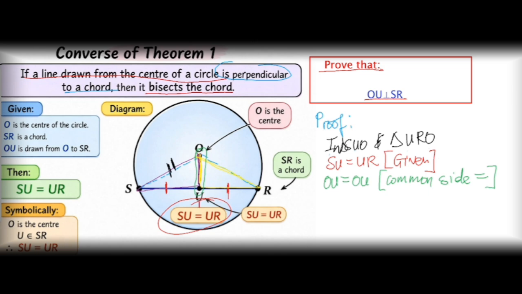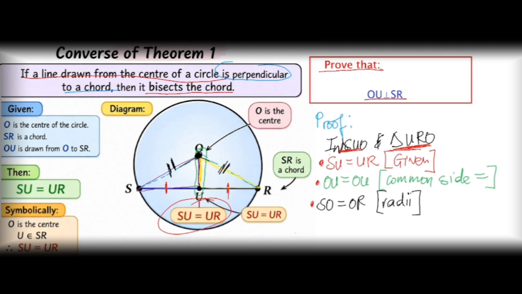Reason being, one is a line drawn from the center of a circle to the circumference, and the other is also a line drawn from the center of the same circle to the circumference, meaning SO is equal to OR, reason being radii. So now in these two triangles, we have three statements that tell us that triangle SUO and triangle URO are congruent.